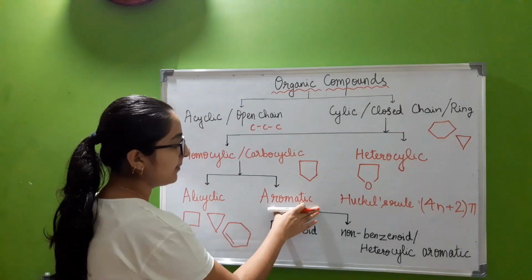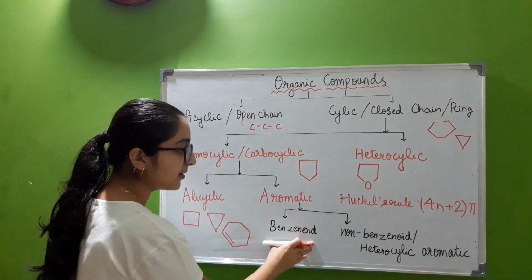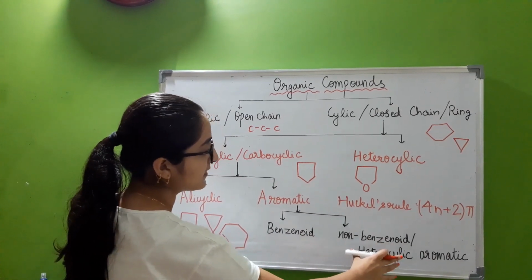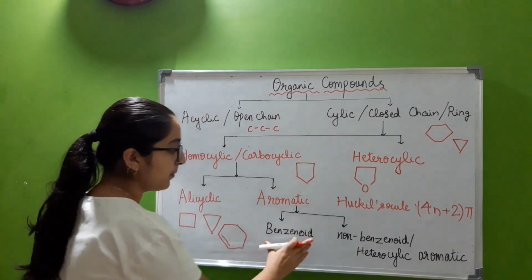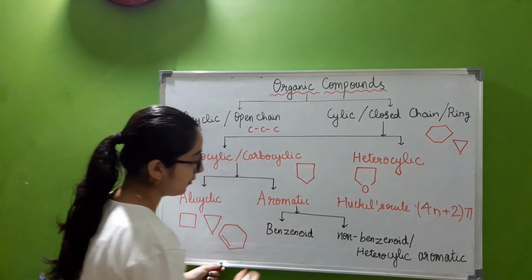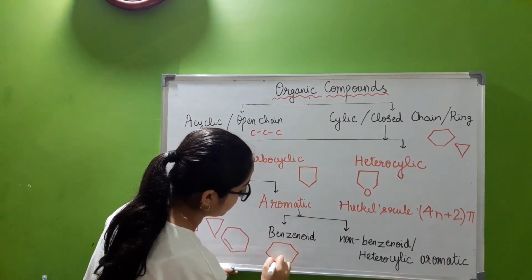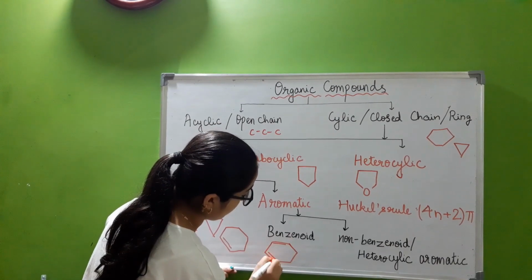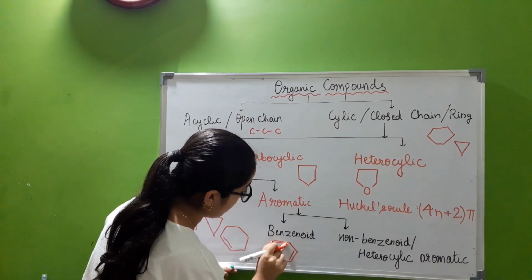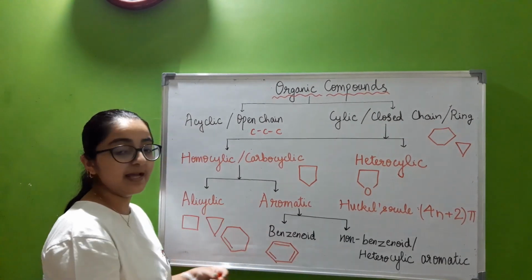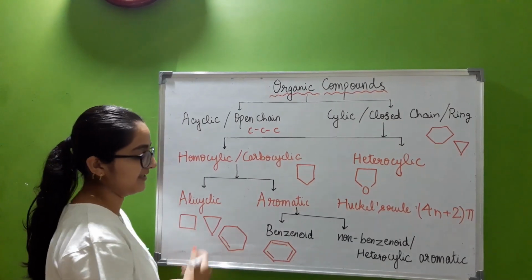While coming to aromatic, we are further dividing it into benzenoid and non-benzenoid or heterocyclic aromatic compounds. Benzenoid or benzene compounds have a six carbon closed chain having alternate pi bonds. So benzene and benzene derivatives are known as benzenoid.